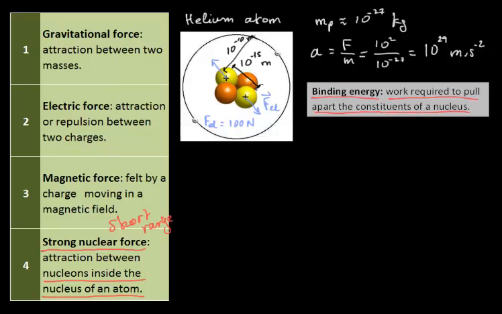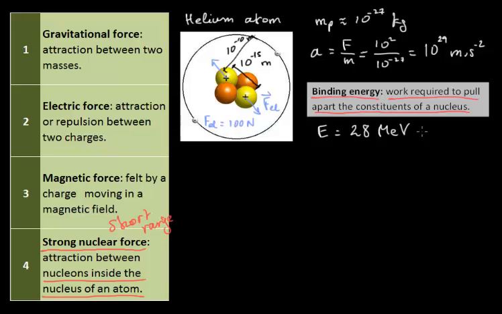So imagine you take this helium nucleus. It's basically the energy that would be required to completely pull apart the four constituents, so the two neutrons and the two protons, and let them be free. And for the helium atom, this binding energy is equal to 28 mega electron volts.